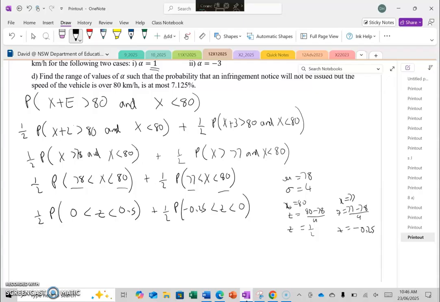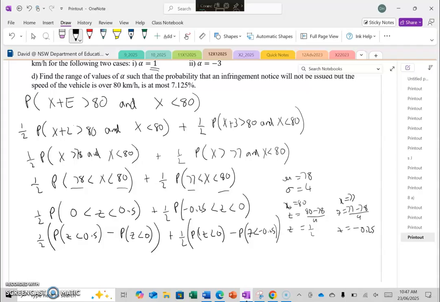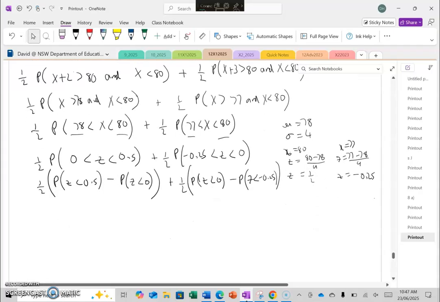Remember, if you're working out the probability between two values, you subtract, so it's going to be a half, big bracket, probability Z less than 0.5 minus probability Z less than 0, plus a half, probability Z less than 0 minus the probability Z is less than negative 0.25. The zeros are going to be what?